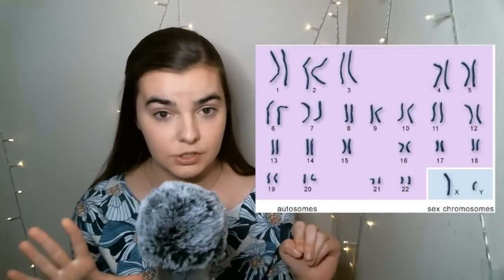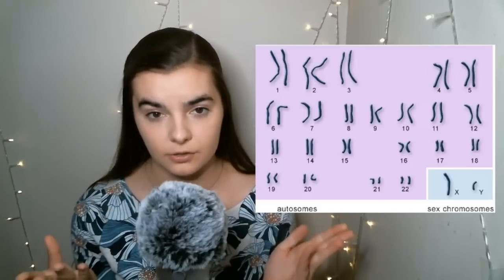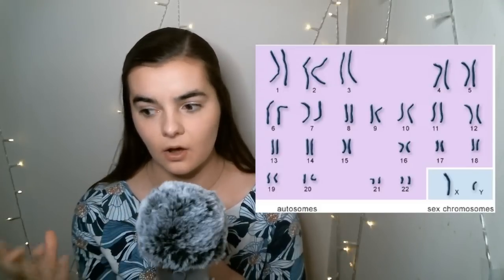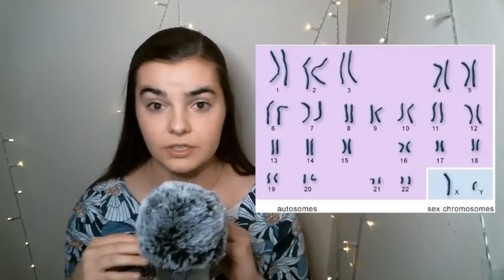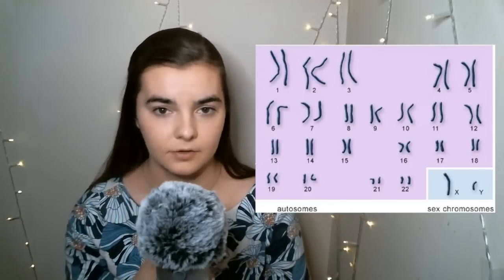You get one from your mother and one from your father, and that makes 46. 2 times 23. So chromosomes 1 through 22 are known as autosomes, and all males and females get one copy of each of those from their mother and their father.